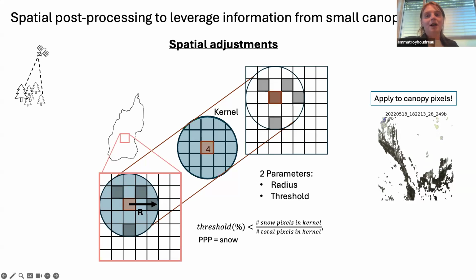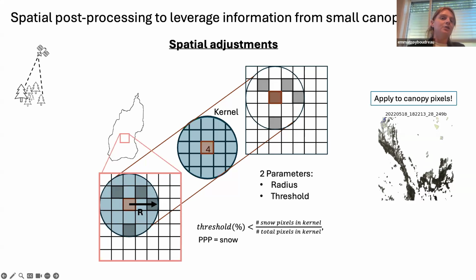And so we go back to previous work in the literature, and Yang et al. had identified that in medium-sized forest gaps, PlanetScope does pretty well identifying snow cover. And so we want to exploit the fact that Planet can see in these medium-sized gaps and spatially smooth out the snow cover, to extrapolate the information.